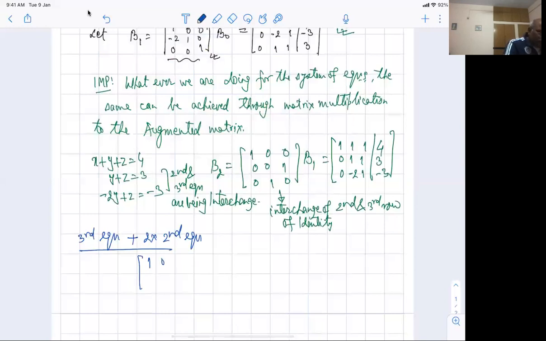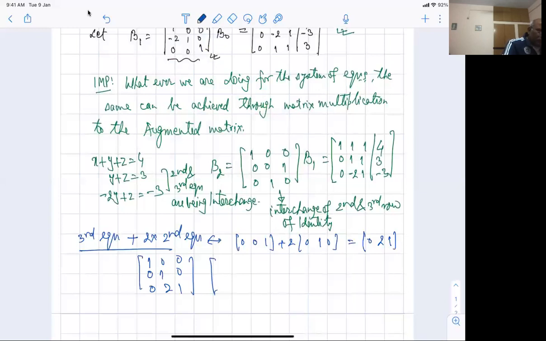So the first row remains as it is, second row remains as it is. I'm looking at the third row. So this corresponds to the third row. Third row of the identity matrix is this, plus 2 times the second equation, meaning second row. So this is the identity matrix that I have. So this gives me 0, 2, 1. So I just put here 0, 2, 1. Multiply this with B2. So this is my B2 part.